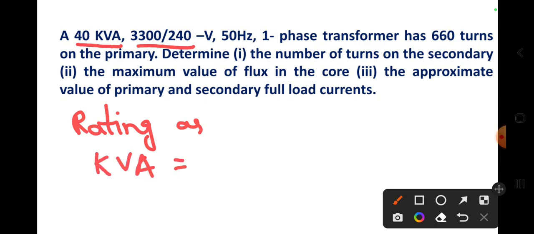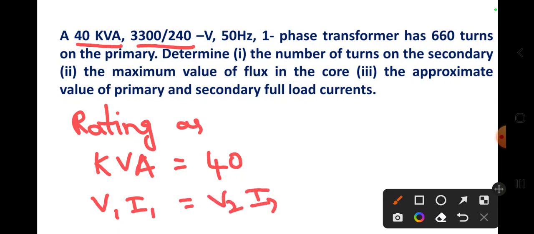That means this will be equal to 40. And what is this 40? In the sense, it is equivalent to V1 I1 as well as V2 I2. This is equal to 40 kVA, that means 40 into 10 power 3, 40 10 cube VA.